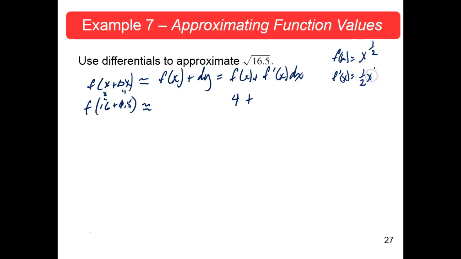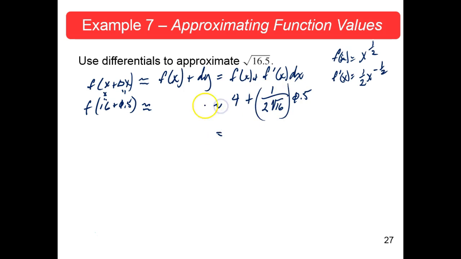1/2 x to the negative 1/2. Okay? So this will be, f prime would then be, I'm going to write it this way, 1 over 2 times the square root of 16. Your x is 16, remember? And then you're going to multiply that by your dx, delta x, which is 0.5, right?